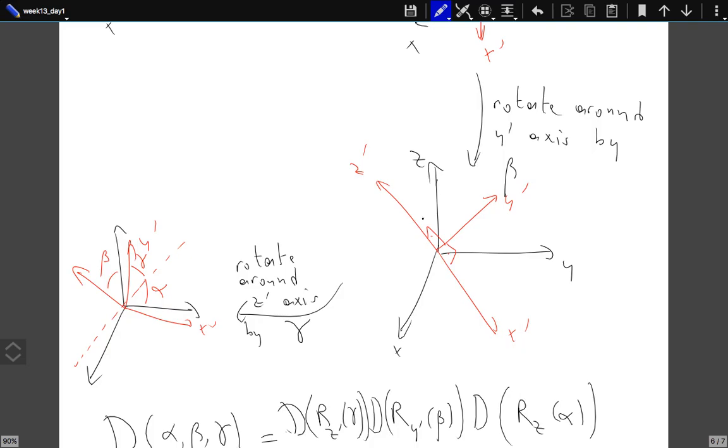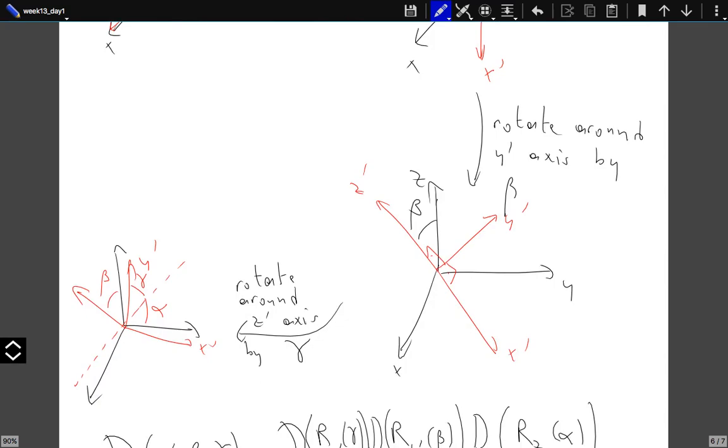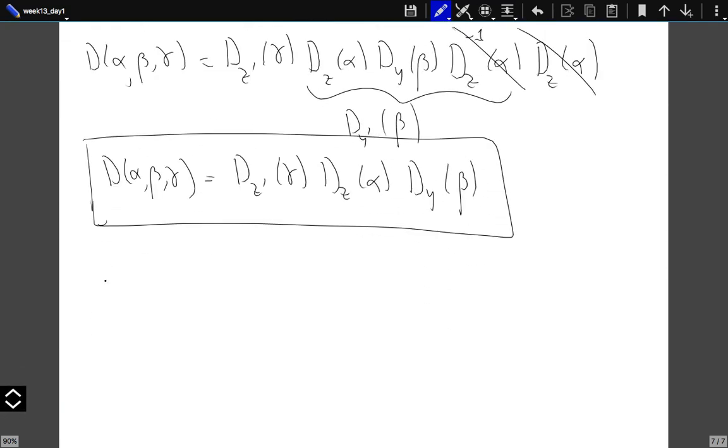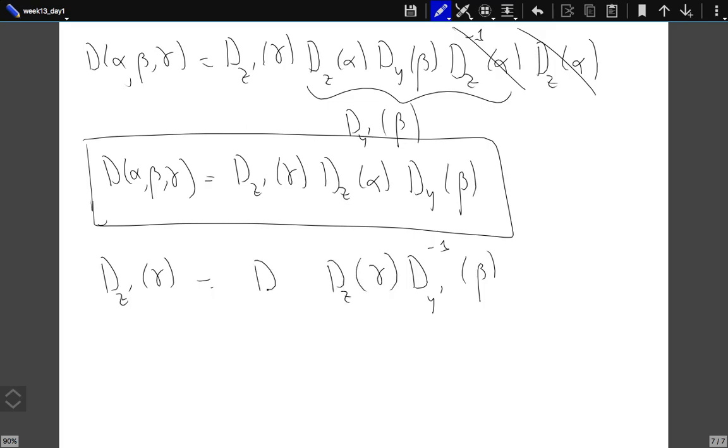You see, we obtain this beta by rotations around the y prime axis. So rotation around the z prime axis by gamma will be a rotation around the y prime axis by minus beta or inverse beta, then a rotation around the z axis by gamma, then a rotation around the y prime axis by beta.